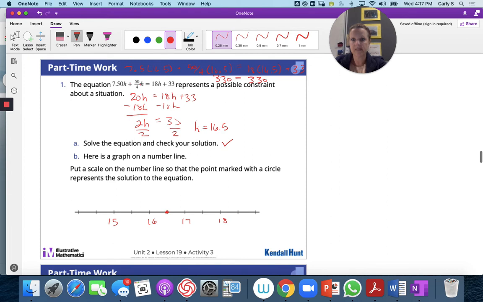So less than 16.5 hours would be 7.50 times, let's do 10 hours, plus 50 over 4. Oh, that's the restaurant job. The hotel job, sorry, is 18 times 10 plus 33.